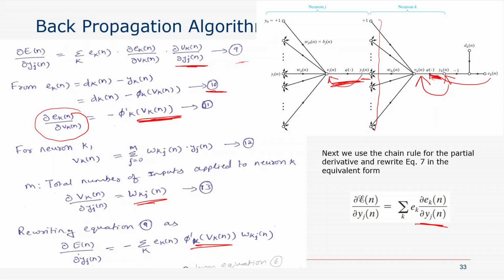That is finally the differentiation of E of n with respect to yj of n is minus summation running through k, ek of n, and then phi dash k of vk of n, and then wkj of n.